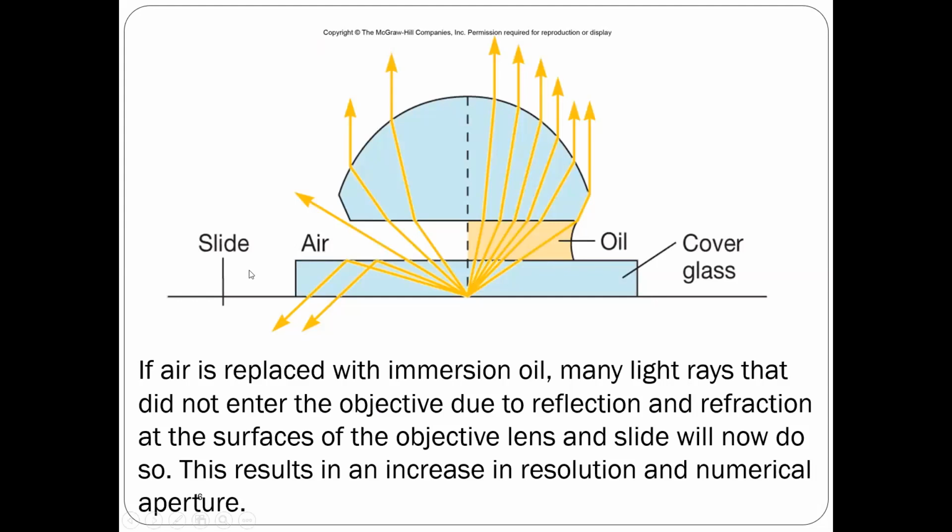Because the light passing from the glass to the air and to the glass again will be refracted, and the refraction causes unclear images. So we need to add one drop of oil to remove the air gap. Therefore, the glass and oil act together because the refractive index of the oil and the glass are the same.